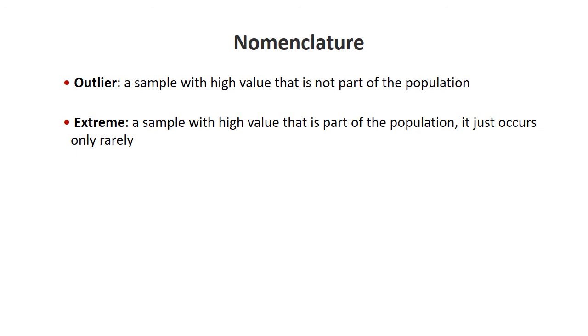An outlier is basically a sample that needs to be removed from the data set because it's not part of the population we're trying to study. And so that brings us to what is part of the population, evidently. In fact, extreme value statistics is a way to detect that, because if you have a single very high value, it's hard to tell whether it's an outlier, meaning not part of the population, or it's an extreme value, which is essentially part of the population. It just occurs very rarely.